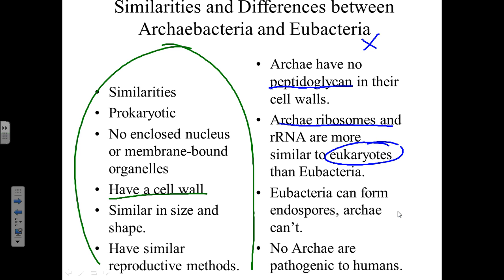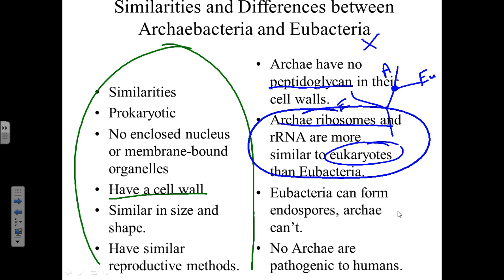And that's one of the reasons that phylogenetic tree that we saw earlier looks something like this, with this first branch over here by itself being what? Regular bacteria, eubacteria. And the second branch off right here would be what? Archaea. And then these would be the eukaryotes over here. So the reason that they're drawn this way is that a lot of the chemical characteristics of archaea are more similar to eukaryotes than they are to eubacteria.